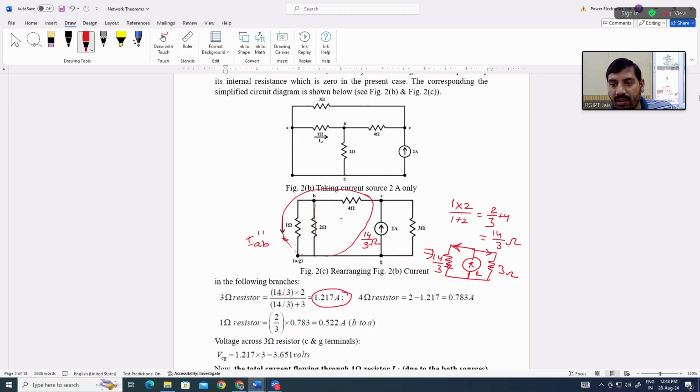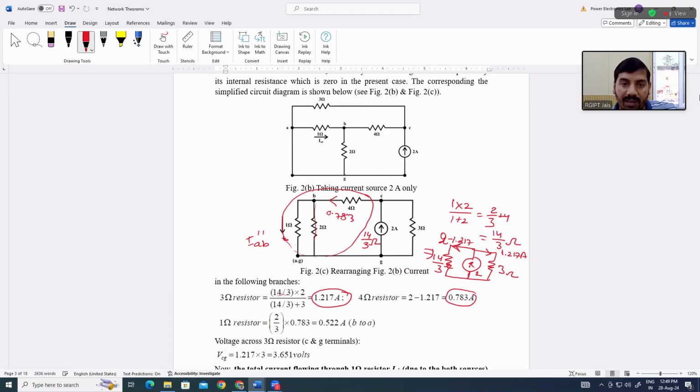Means if this is 1.217 ampere, so this will be 2 minus 1.217, right? So you will get 0.783 ampere.